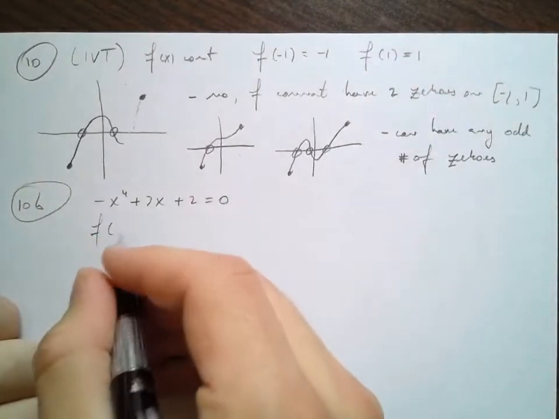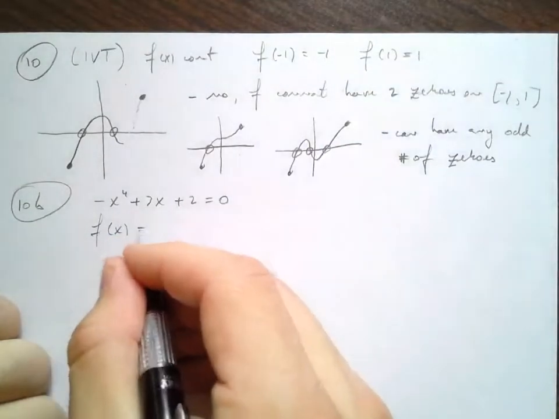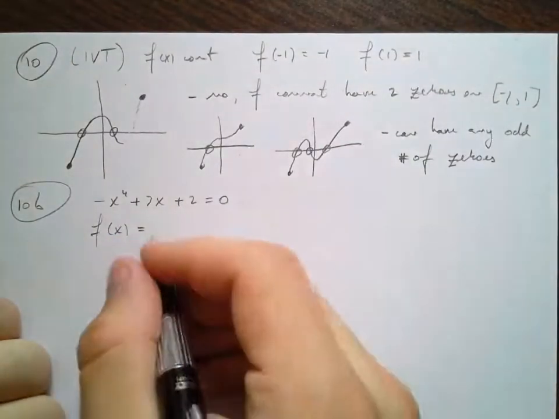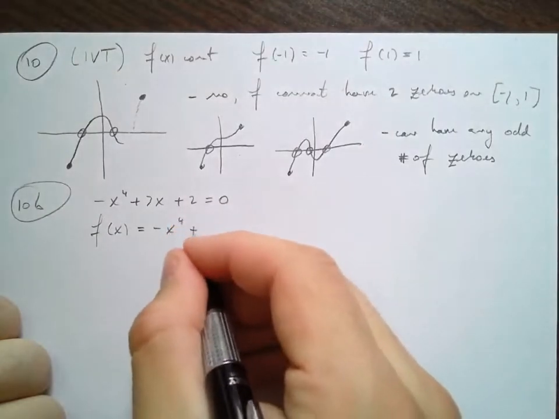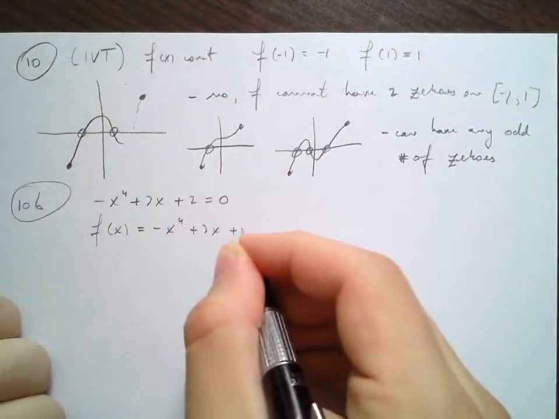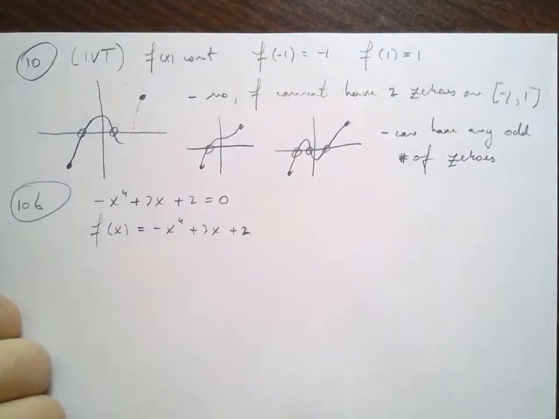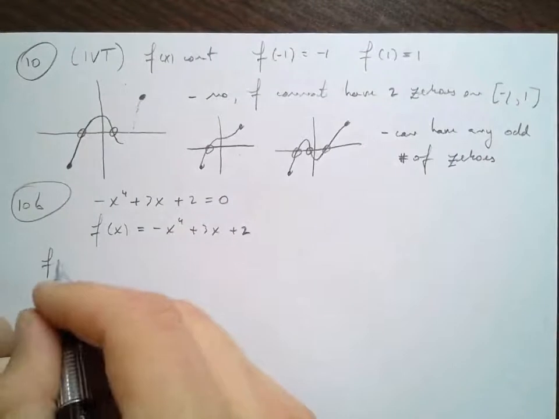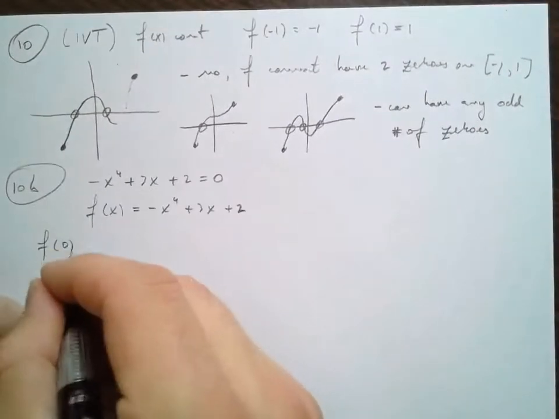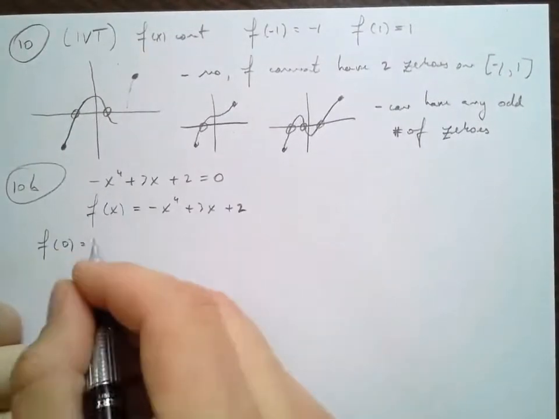So to do that, we're going to consider the function f of x equals negative x to the fourth plus 3x plus 2. And notice that f of 0 is going to be positive 2.